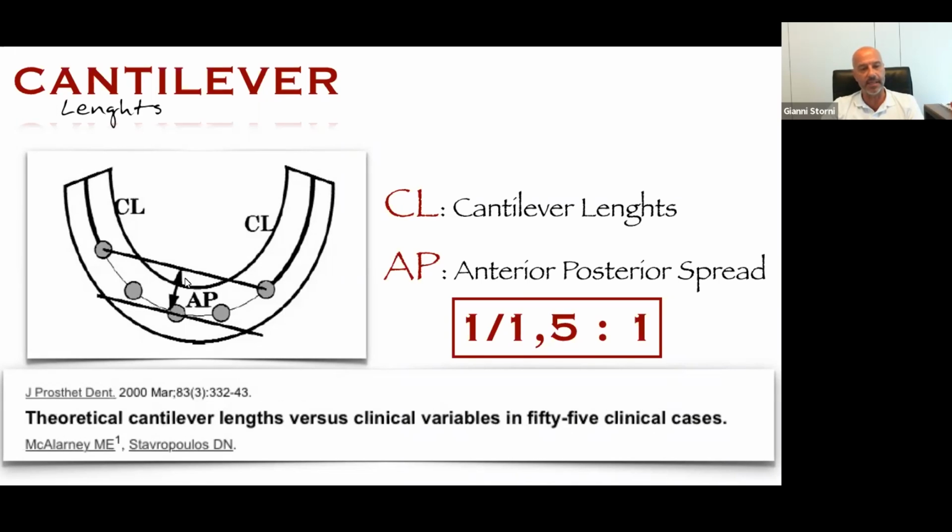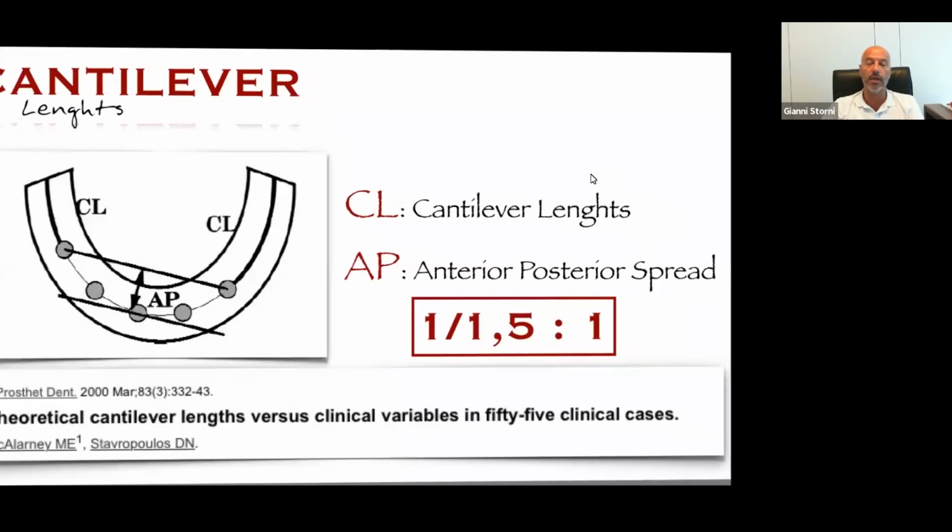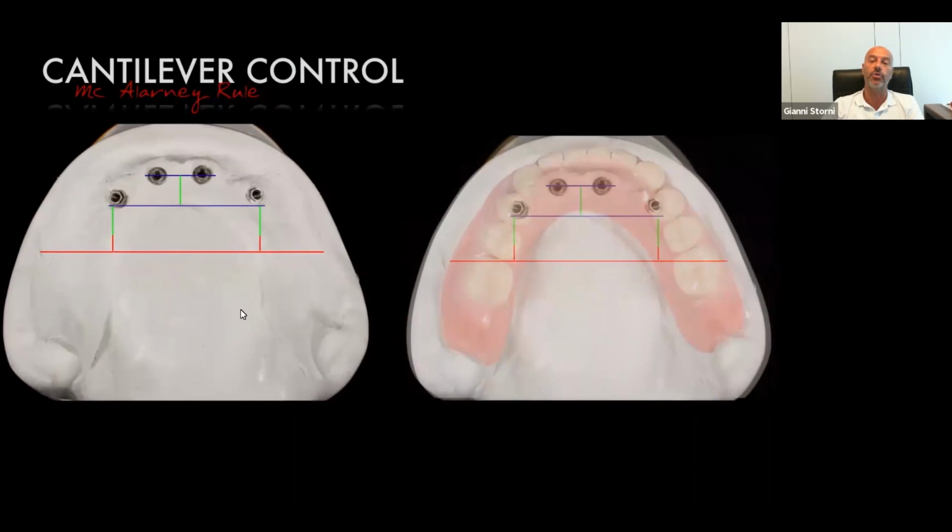This distance can be 1.5 in the lower jaw and only 1 in the upper jaw due to the bone that is different. Okay, so following these rules, we are going to design a bar as stable as possible, because if we stay really anterior, maybe the stability is not the best.